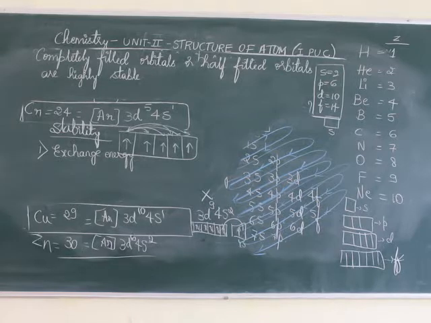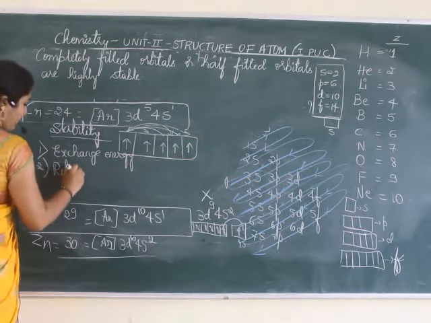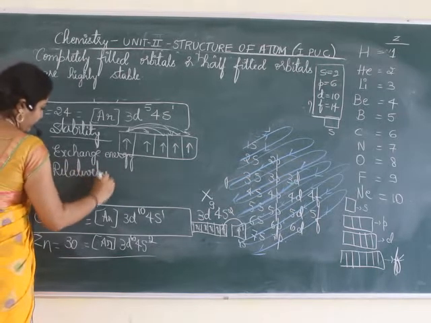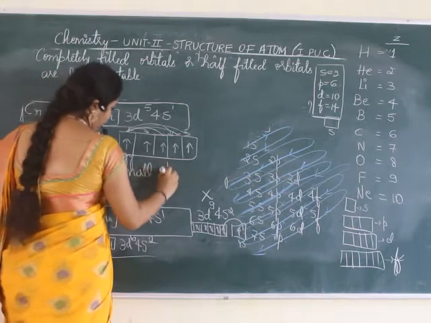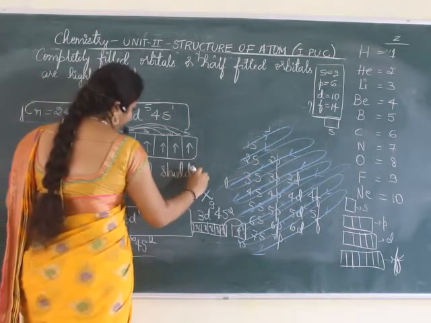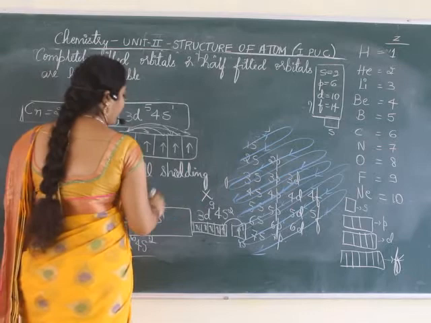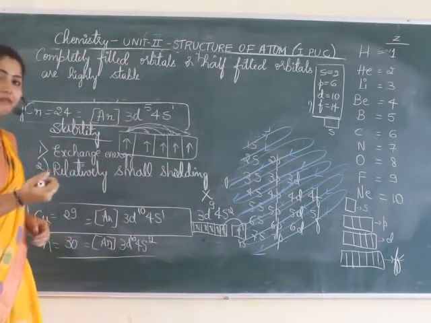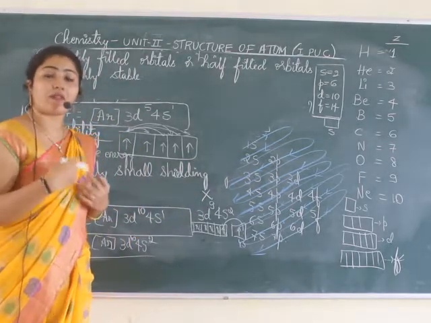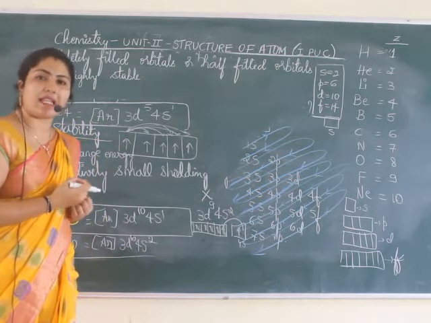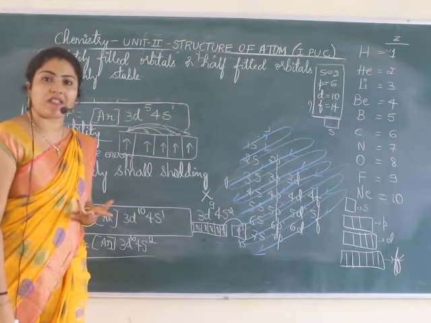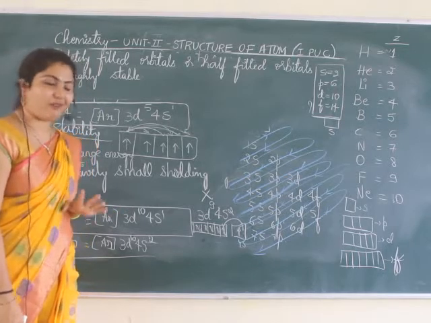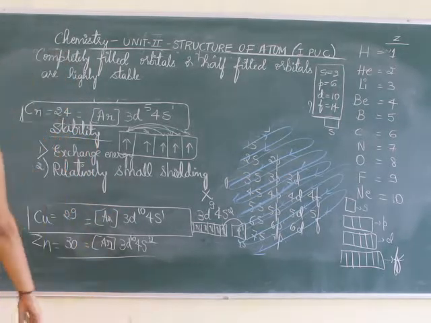And the other one is relatively small shielding. If the shielding is less, then it will be more stable. Relatively small shielding. Why? If the shielding is less, what happens? The outer electrons will experience less nuclear pull, so it can be easily removed. It will not experience stability, it will feel insecure, that kind of.